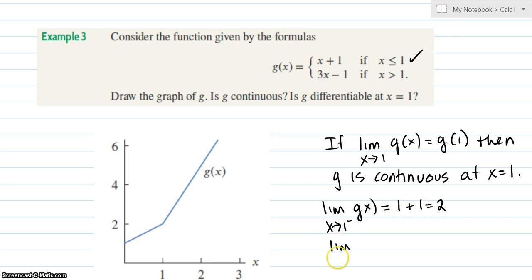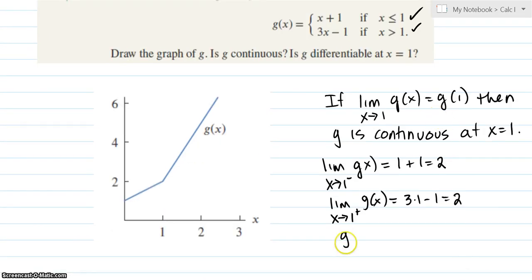And we look at the right, we look at things larger than 1, so we look at the second value there, and that would be 3 times 1 minus 1, which is also 2. And if you look at g of 1, which we already computed here, because that would be right at the top one there, 1 plus 1. All three of these values are the same, so the limit exists, it equals 2, and it's the same as g of 1. It's all fine. There's no holes, everything is good.